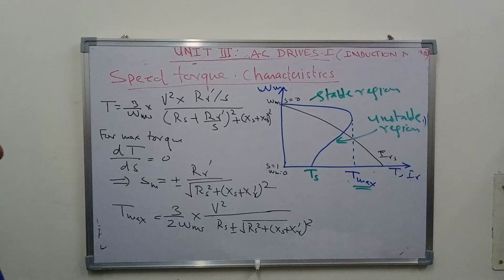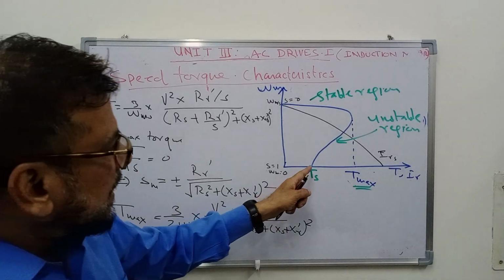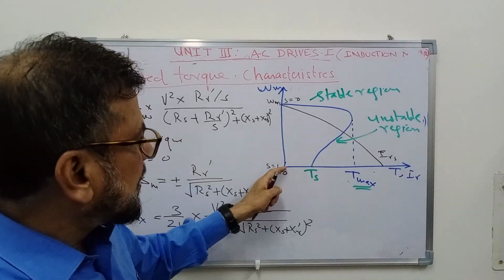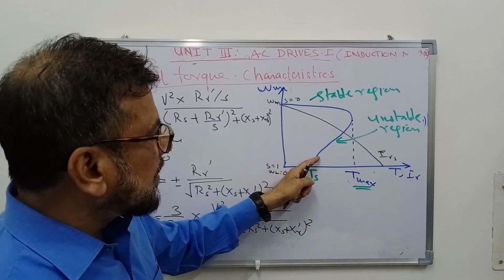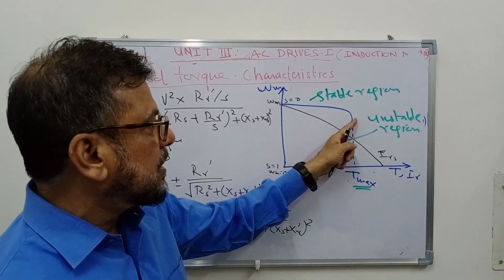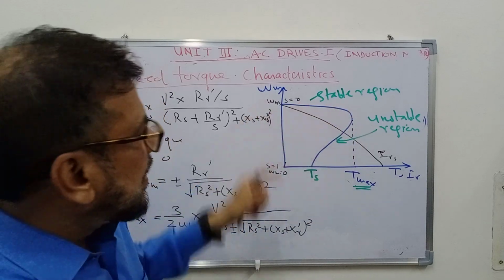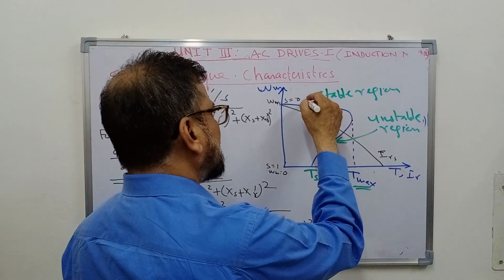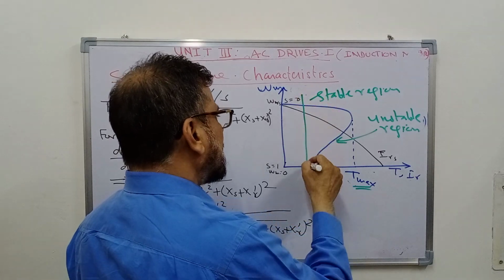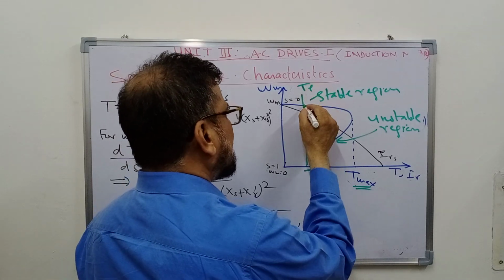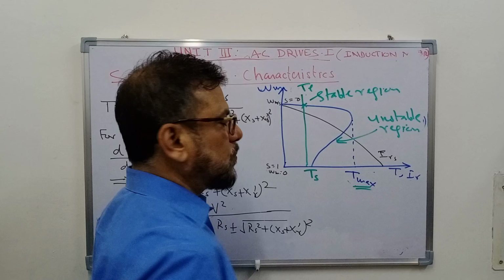When you start the motor, this is the starting torque, and the speed is 0. As the motor speed increases, the torque increases, becomes maximum here, equal to Tmax, and then starts decreasing. Depending on the load on the motor, say the load torque is TL, the motor will operate at this operating point.